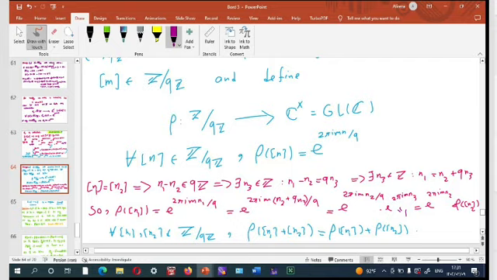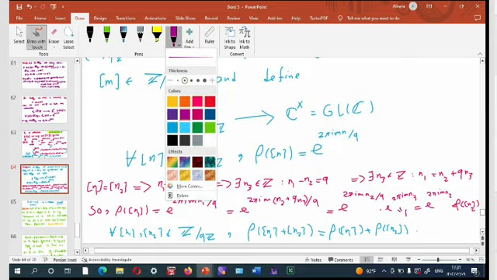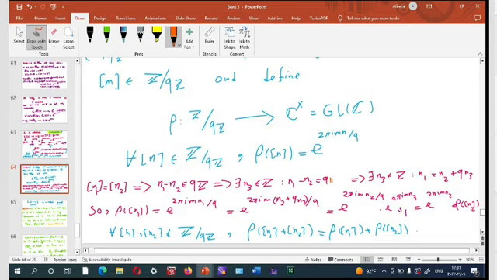Let me write it better. So there exists an integer n3 such that n1 equals n2 plus q n3.